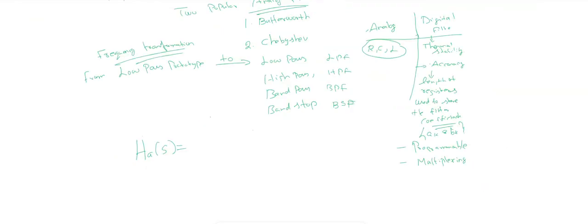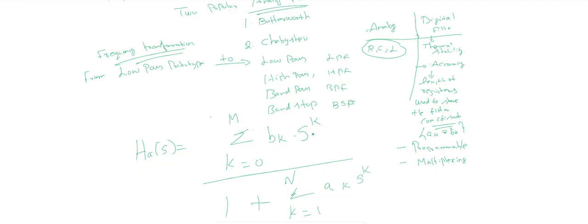So the transfer function is the summation of k equal to 0 to n, b k into z power minus k, divided by 1 plus the summation of k equal to 1 to n, a k into z power minus k.